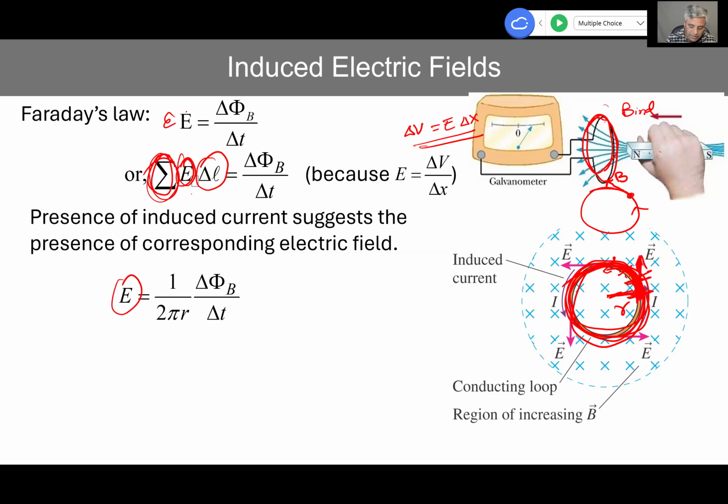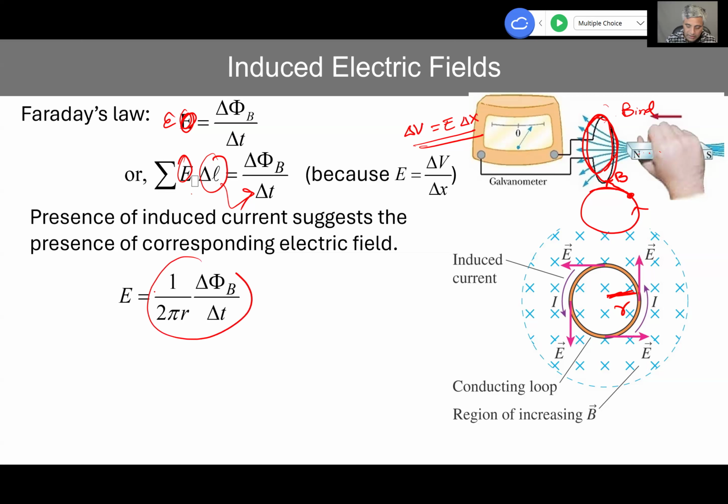By the way, this was EMF, and this is electric field, and this is electric field. I brought that 2 pi r over here, and that's what I'm writing. So the electric field circulating in a wire, or the electric field loop, can be written something like this.